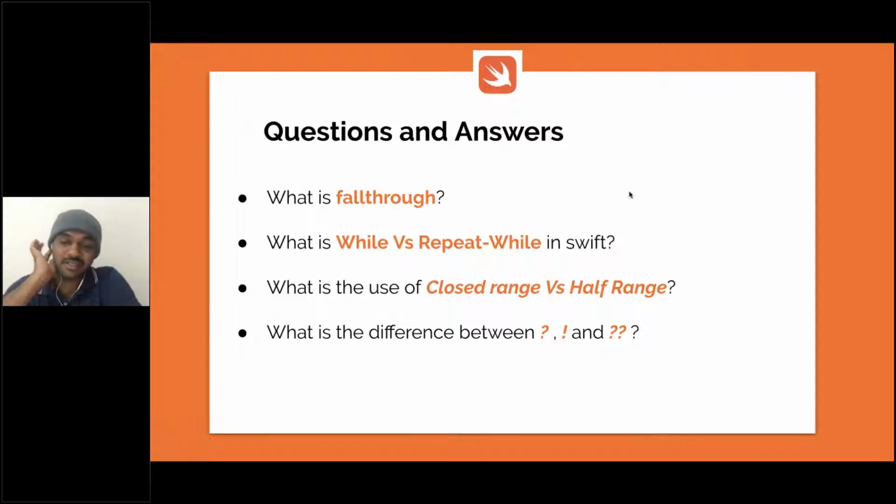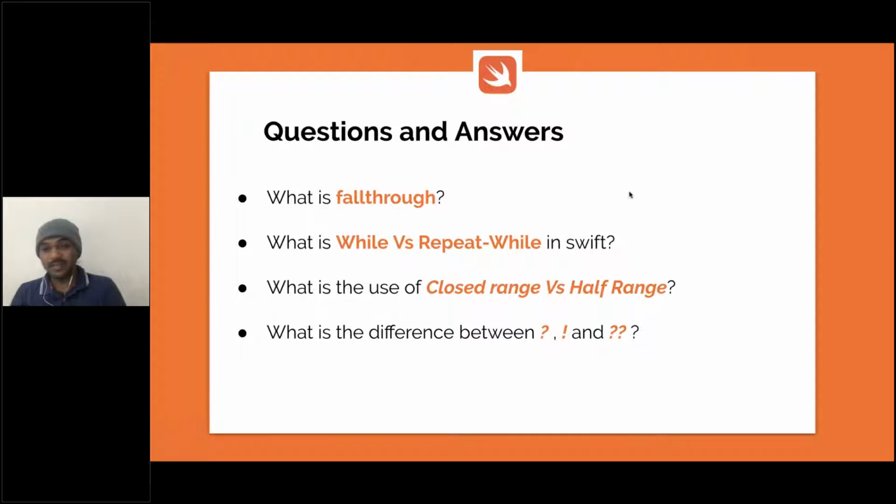By default in C, C++ or any other programming language, when you are executing the switch, from the matching case up to break, every statement is automatically executed. But in Swift, only the matching case will be executed. After the matching case, if you want to execute the next case also, then you must use the fallthrough keyword.